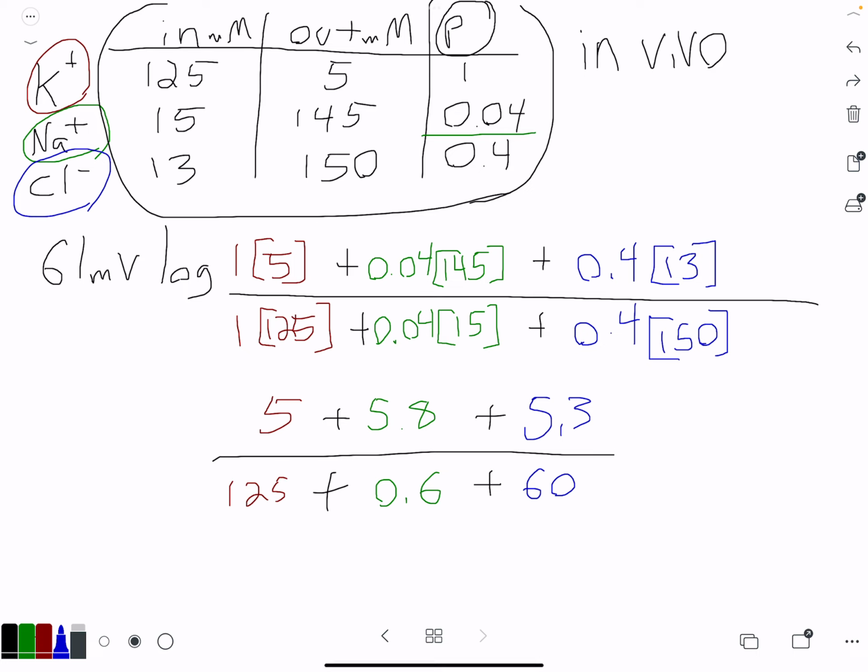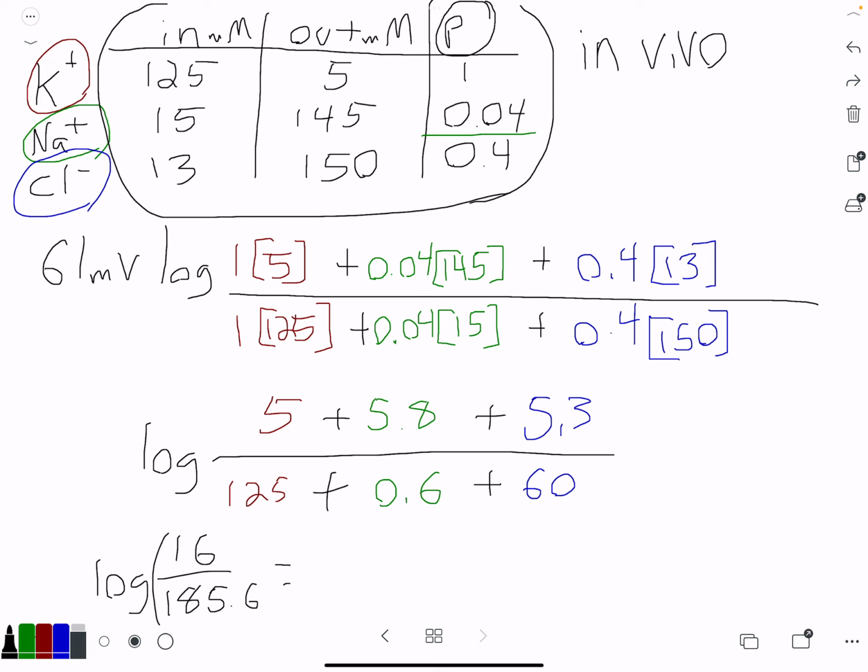And so we add these together. I'm just going to do black now since we're adding everything together. We have 16 over 185.6. And what does this equal? Right, and remember, let's not forget this part, log.